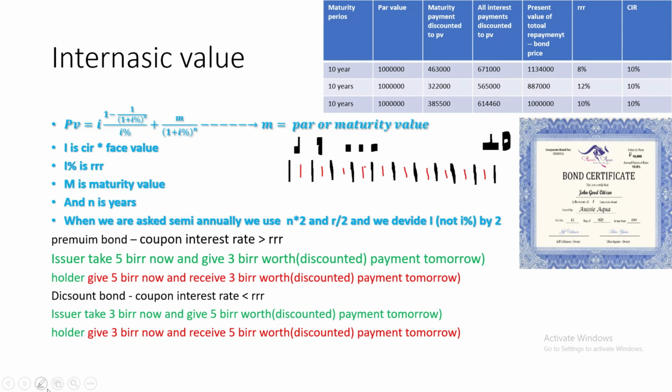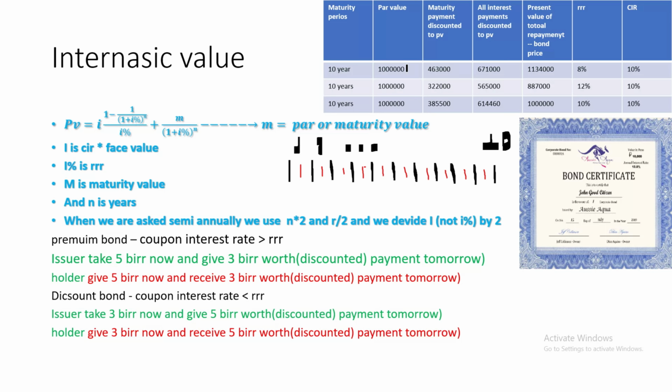Note that always these two things, the required rate of return and the coupon rate, will be given as annual payment, as a percentage of the par value. So if we say the required rate of return is 8%, this means what the issuer annually pays when compared with the par value.